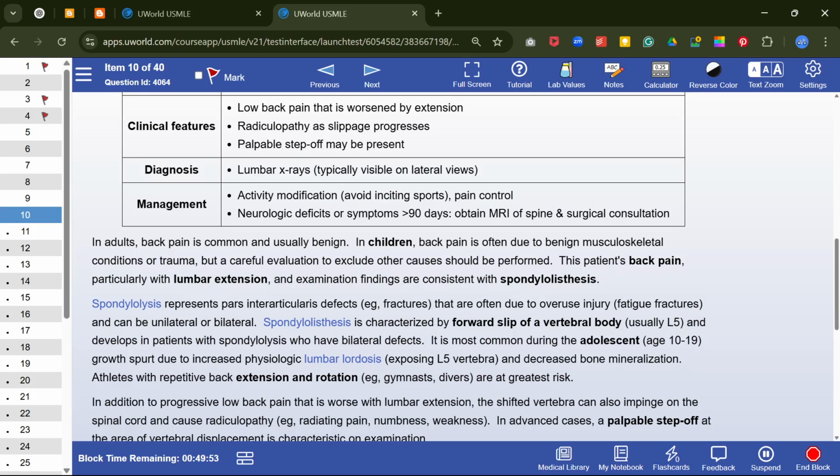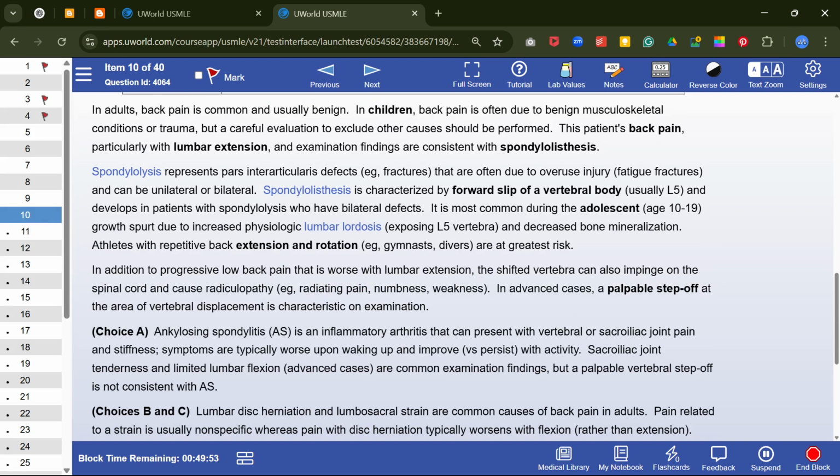It is more common during adolescence, age 10 to 19, during the growth spurt, due to increasing physiologic lumbar lordosis, exposing the L5 vertebra, and decreasing bone mineralization. Athletes with repetitive back extension and rotation, gymnasts and divers, are at greatest risk.